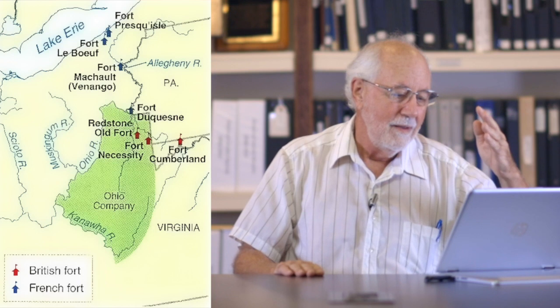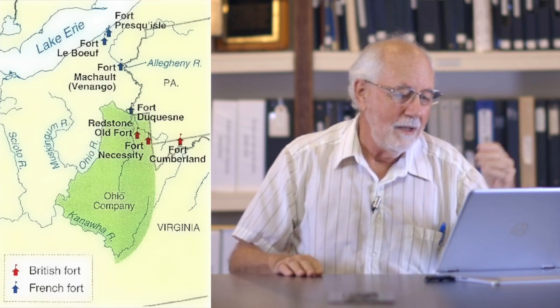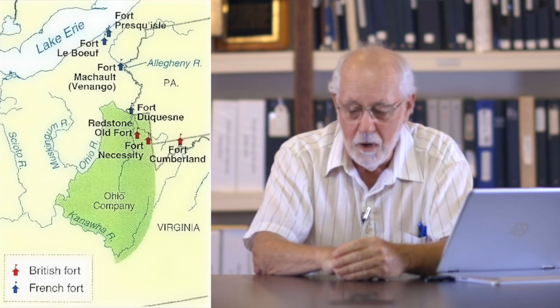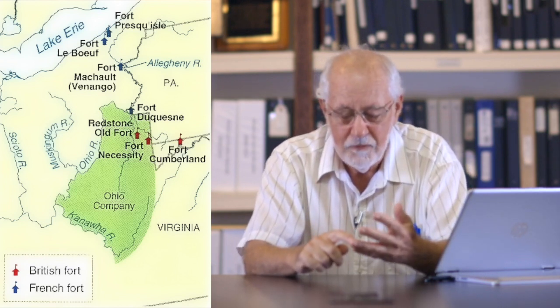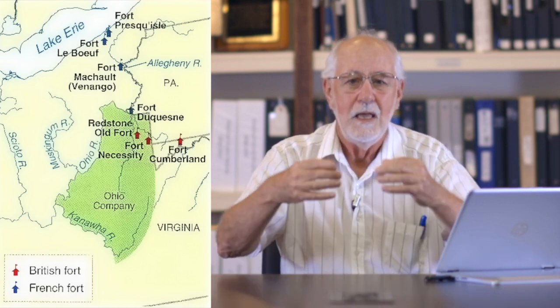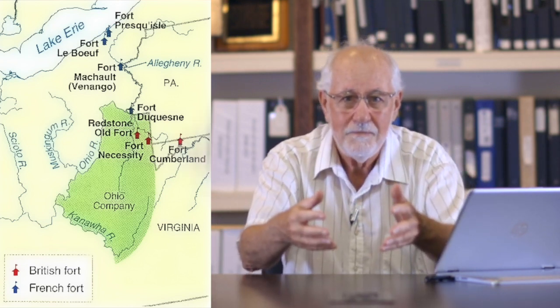But there was this thing called the Ohio Company, just over the mountains, in where Pittsburgh is now. The Ohio Company, where George Washington, Benjamin Franklin, some of the other founding fathers were speculating in Western lands. They'd never seen the land that the Ohio Company claimed. They were speculating in it.